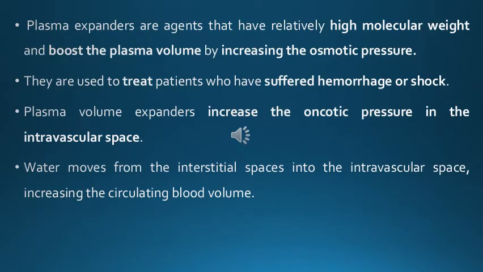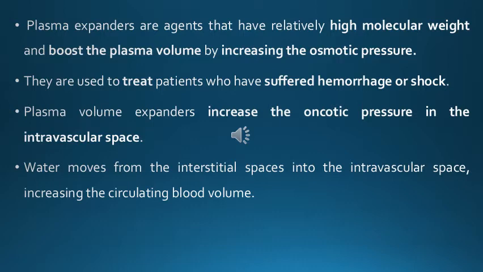Now this plasma expanders, they have a relatively high molecular weight and they boost the plasma volume by increasing the osmotic pressure. As described earlier, they are used in patients who have suffered from hemorrhage or shock. Now what do they do?